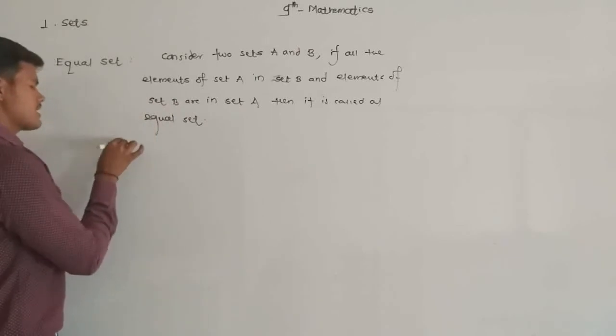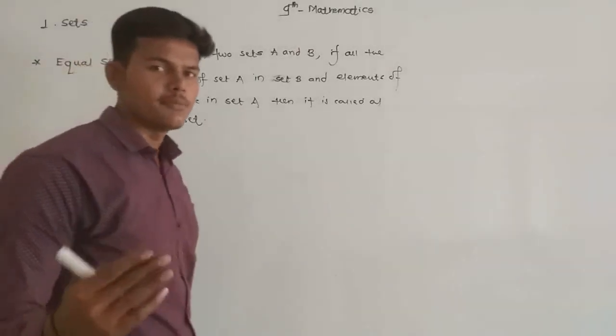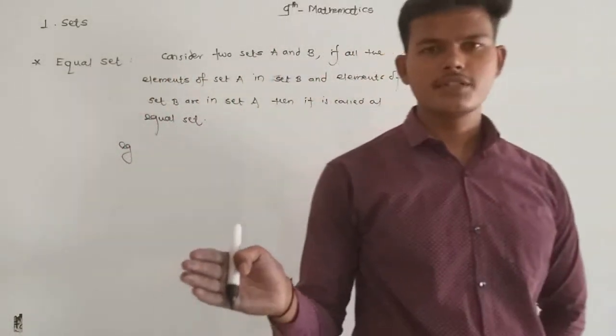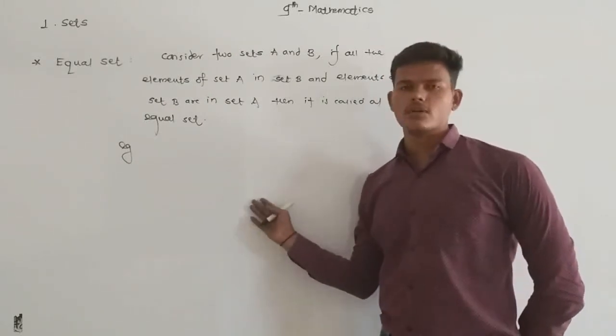So equal set म्हणजेच काय? If all the elements of set A are present in set B as well as all the elements of set B are present in set A, then it is called an equal set.